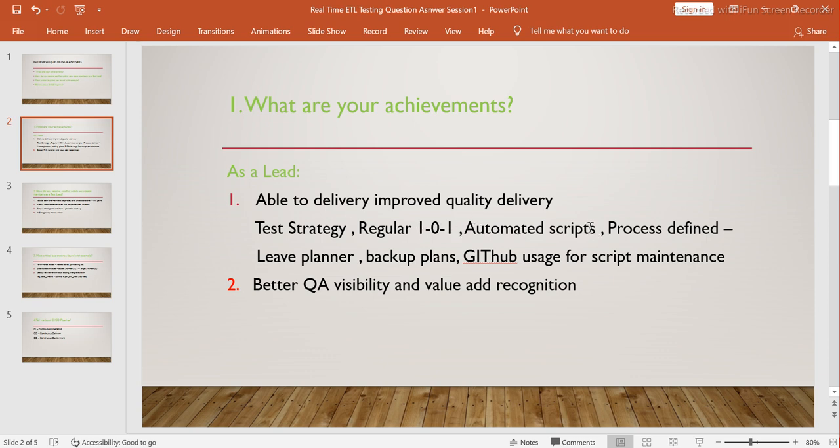The third thing I did within the project was automated scripting. There were a lot of areas where we were doing manual testing on the ETL testing side, so we tried to automate most of it. For example, the ETL process produces huge output files, like 10 GB or 8 GB.